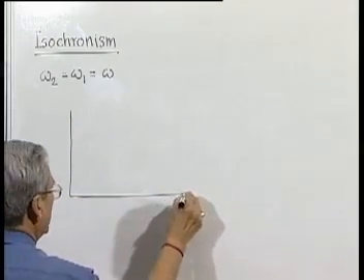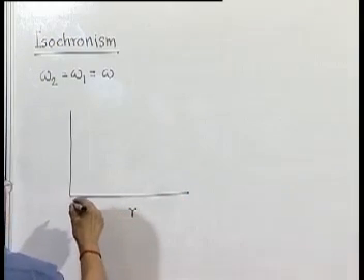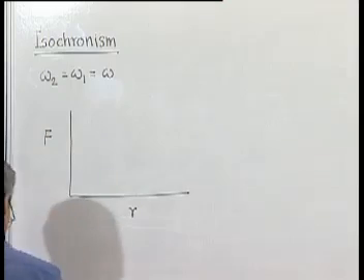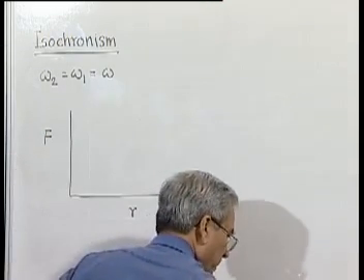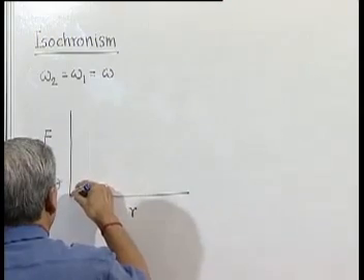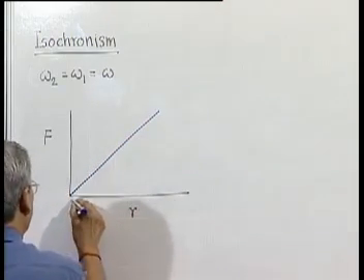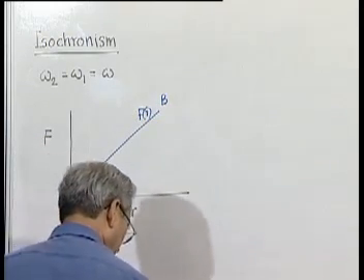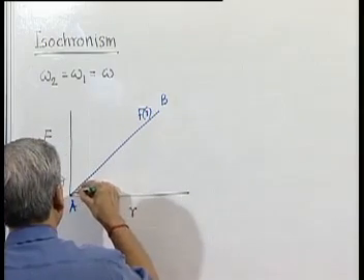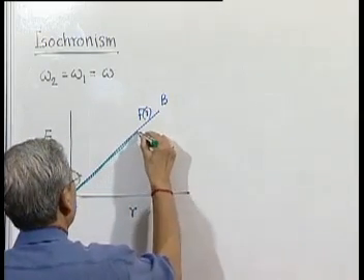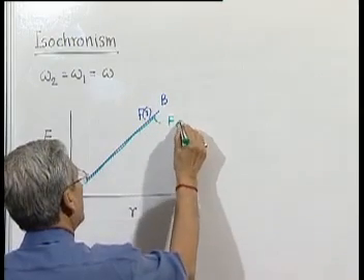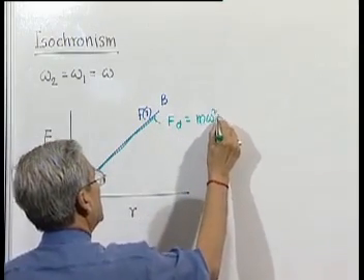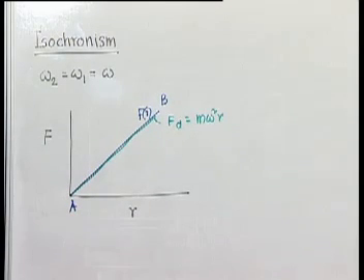That means what it will look like is we have plotted R and this is the force. If the control force curve is something like this, AB, then in such a situation the deflecting force, the centrifugal force, can be equal to that only at a particular speed when the two lines coincide.